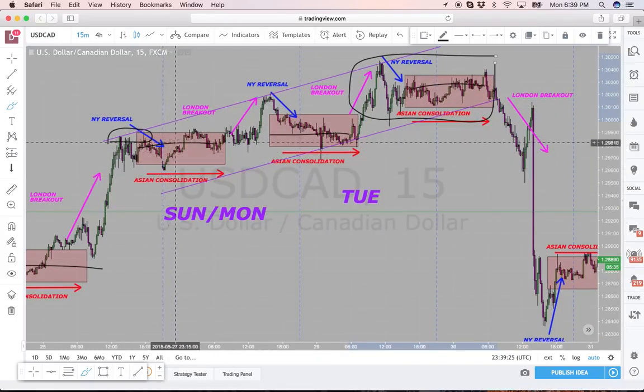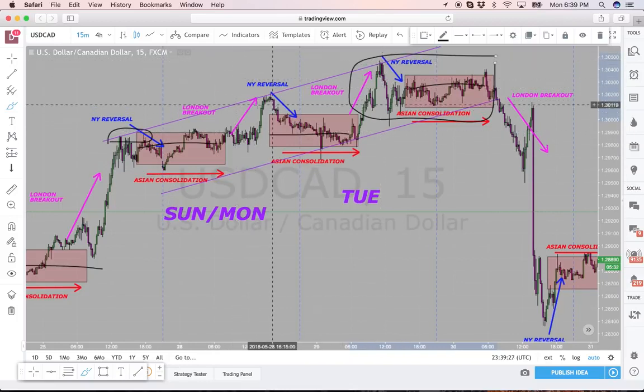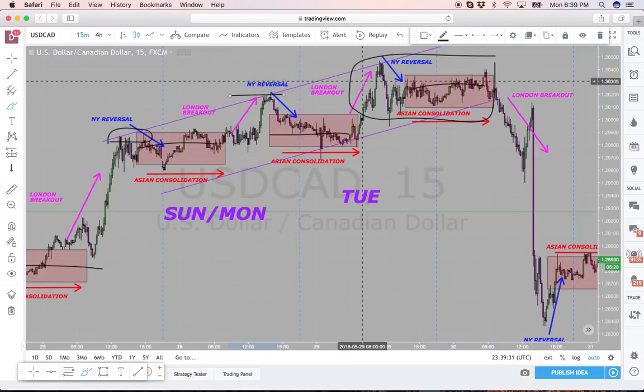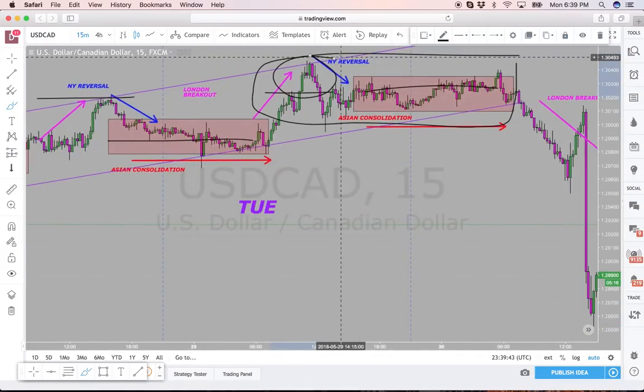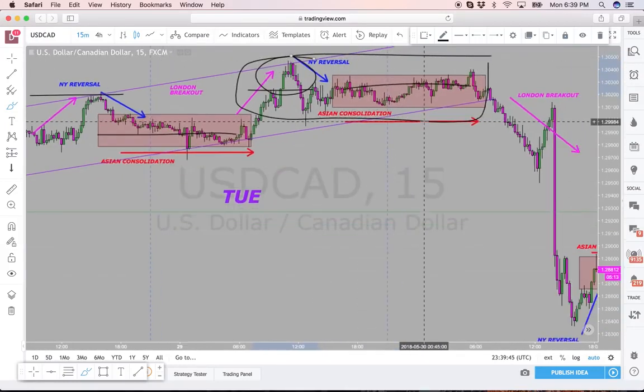So we can see here the high of the week. This was the high of the previous day, high of Sunday, Monday, right here. Retail traders bought into the breakout of the previous day's high. Come New York session, we have the reversal off of that high.